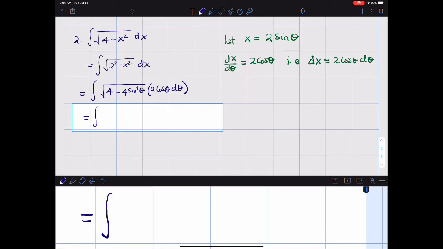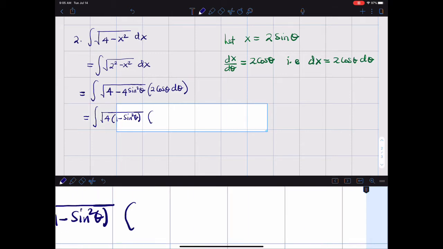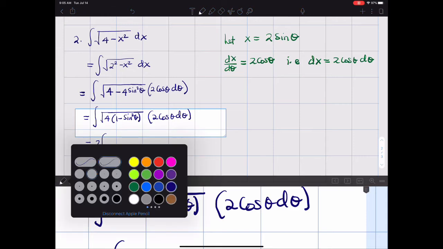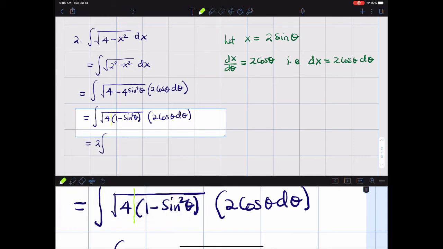Okay, so what do we have? We have this integral. The square root, we can deal with in a certain way. We can factor out a 4 inside the square root. We're left with 1 minus sine squared theta, which is something familiar, and then we have 2 cosine theta d theta. If you factor out the square root of 4, it just becomes 2. Actually, we can factor out both 2's, because this is a 2.